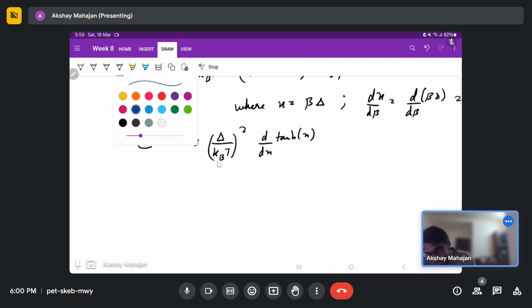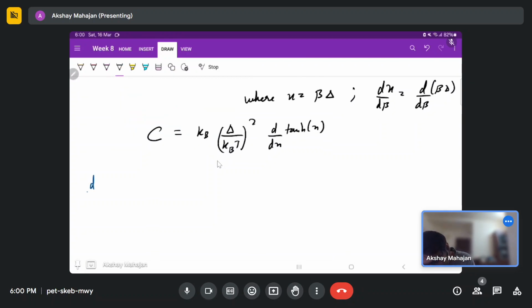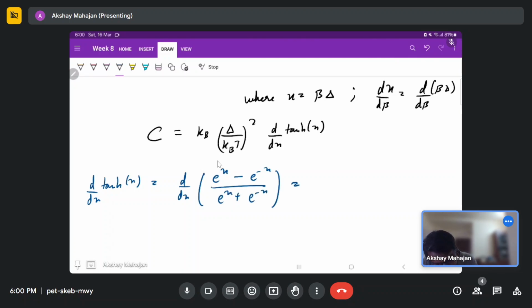So this differentiation d by dx of tanh x will be basically d by dx of (e to the power x minus e to the power minus x) upon (e to the power x plus e to the power minus x).